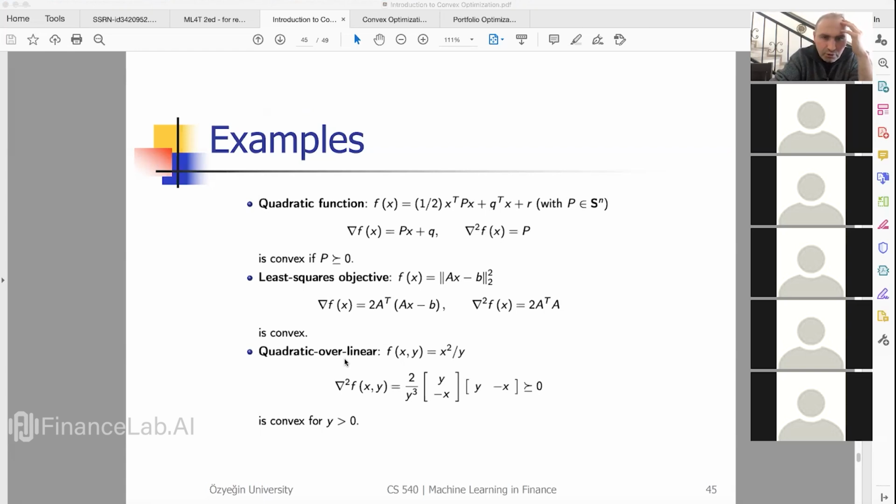And the least squares objective is always convex, because in this case, we have the squared 2-norm of Ax minus b. So again, this is (Ax minus b) transpose times (Ax minus b).